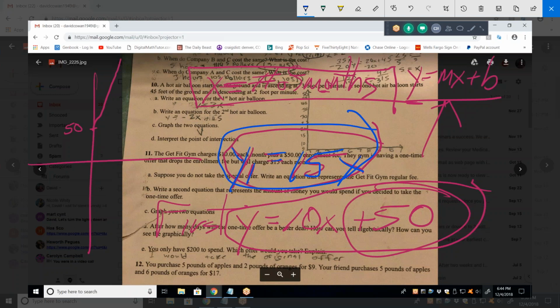In this blue equation, what is b? That's the y-intercept, right? What is it in the blue equation? 1? No. If it was 1, it would be a plus 1. Oh, 15? No, that's the slope.